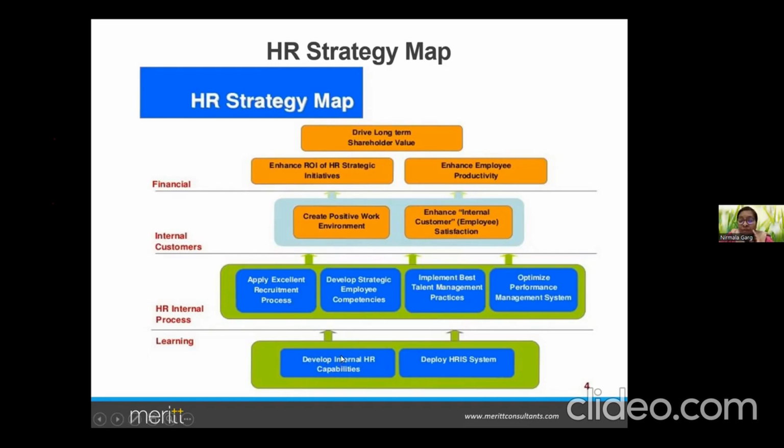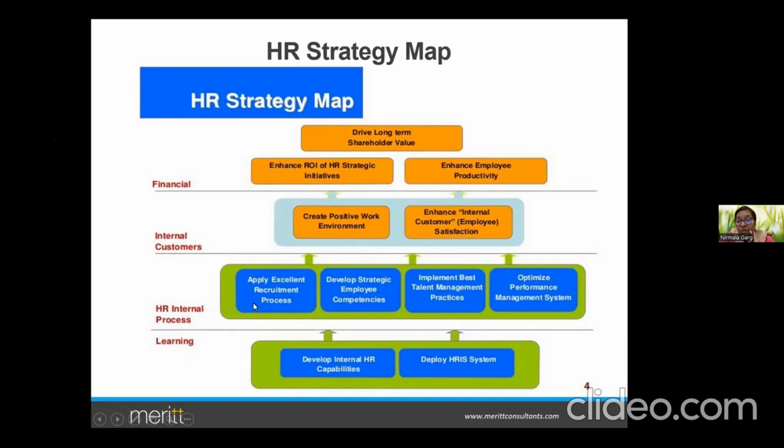Then if you want to develop capabilities, maybe competencies, this is your objective here. You have to ensure that the right kind of competencies are there in your business processes. Then you also may have to have best talent management practices, like performance management or L&D.